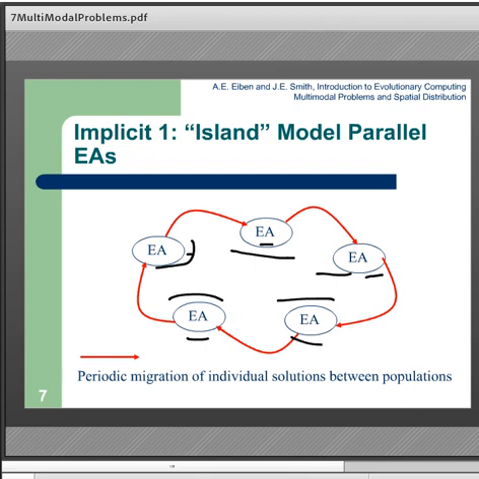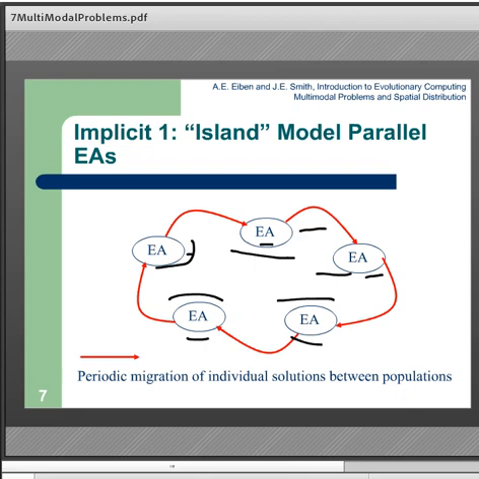It is one of the methods to avoid being trapped in local minima and keep diversity high.